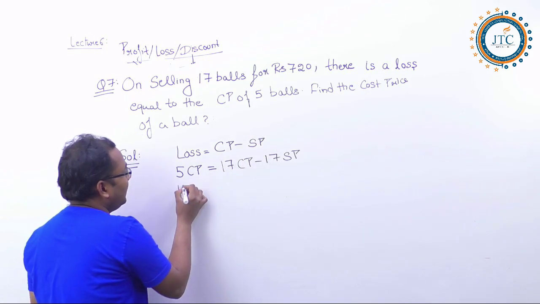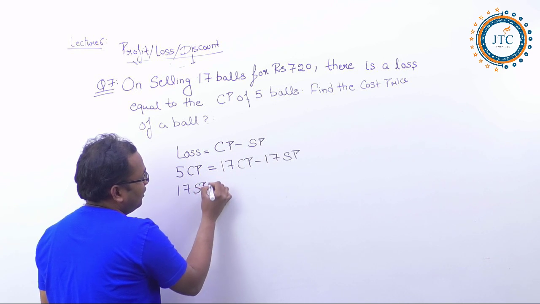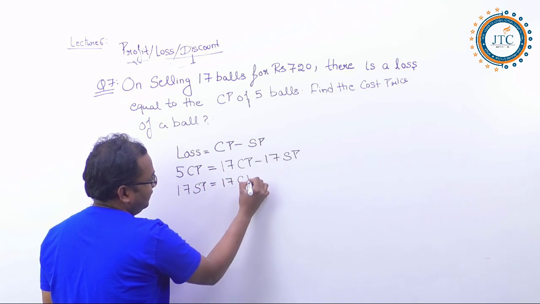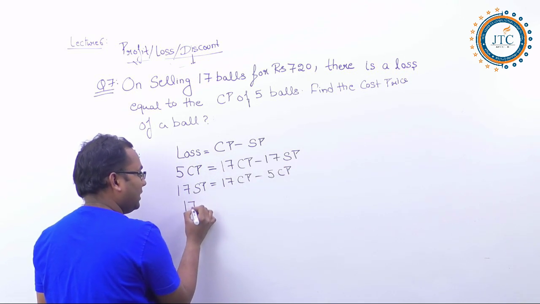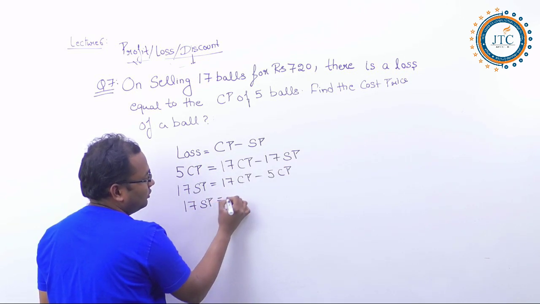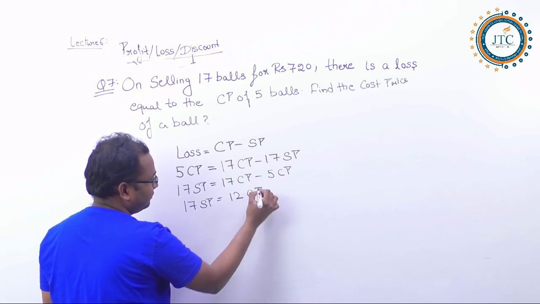So 17 balls selling price is equal to 17 balls cost price minus 5 balls cost price. So after that, 17 balls selling price comes out to be equal to 12 balls cost price.